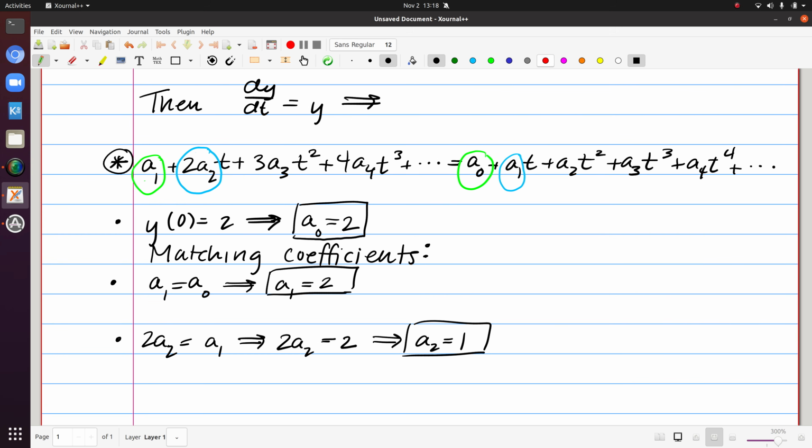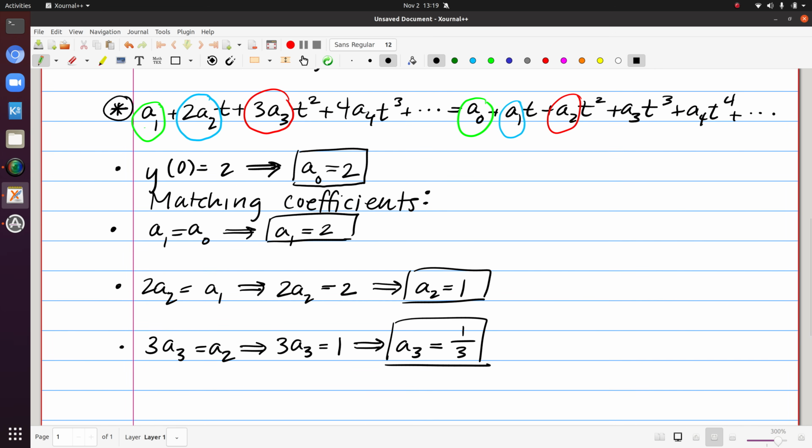Next, I'm going to take the coefficient of t squared on each side and set those equal. That gives me 3a3 equals a2, so 3a3 must be equal to 1. So a3 is equal to 1/3.